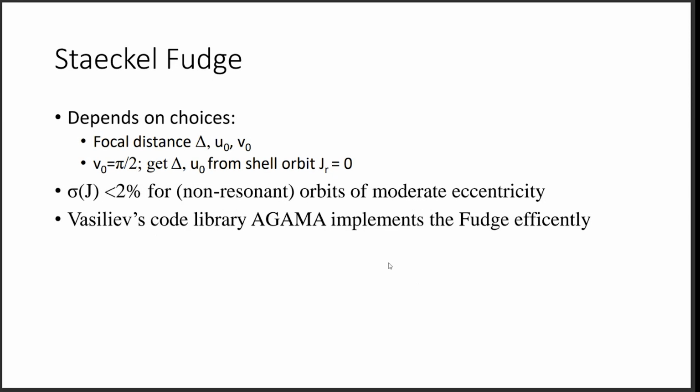Okay, so I call this thing the Stäckel fudge because it's a leap in the dark. It's not a controlled approximation. We're just saying, well, when I integrate orbits in my potential, the orbits have quantitative similarities to orbits in Stäckel potentials.